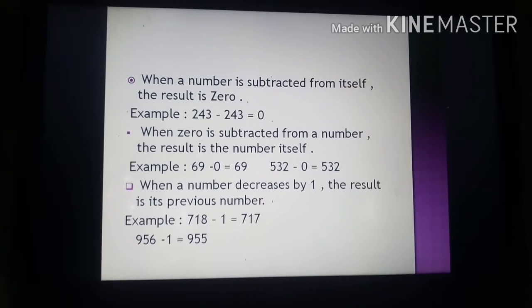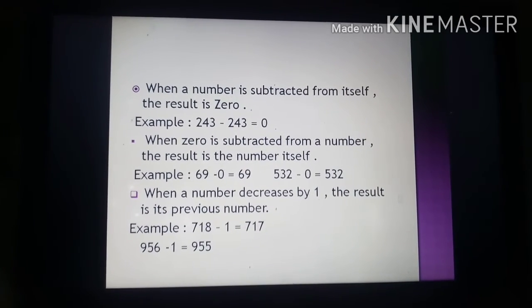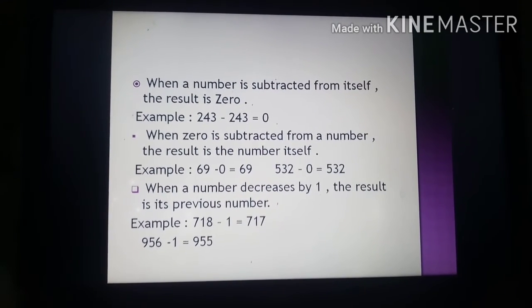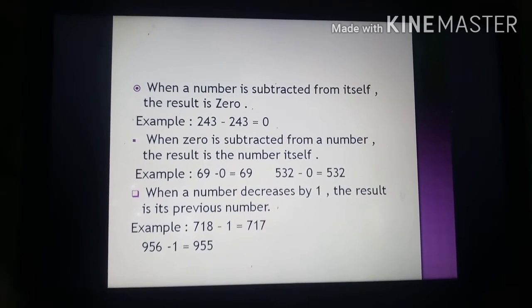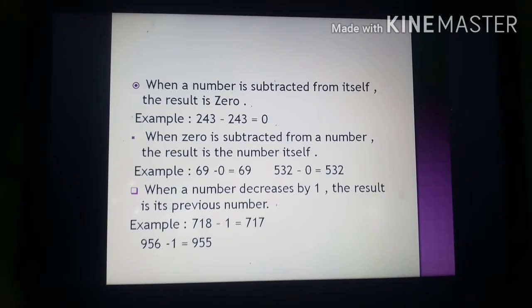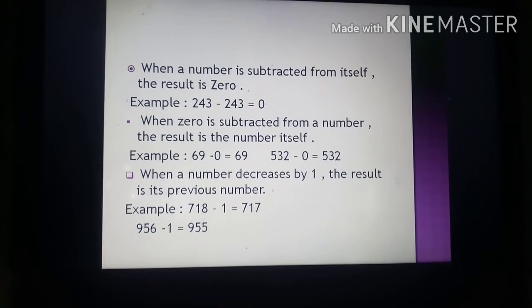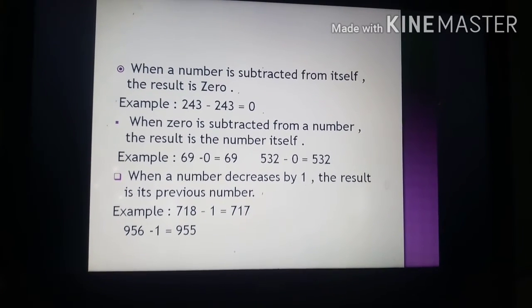And the other rule says, when a number decreases by 1, meaning when we subtract 1 from any number, the answer will be its previous number. As you can see in 2 examples, 718 is there and we have to subtract 1.